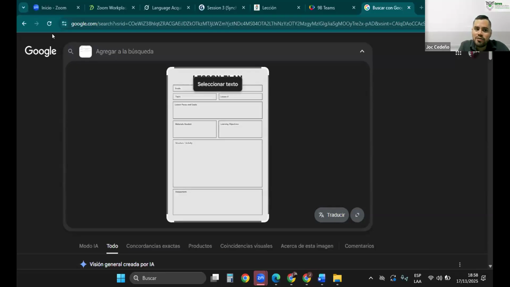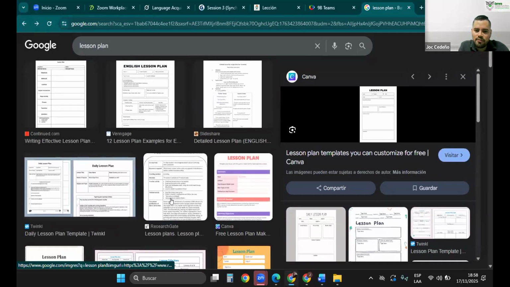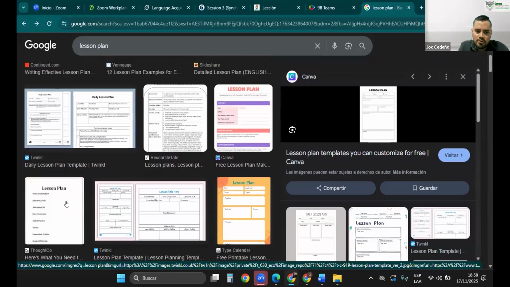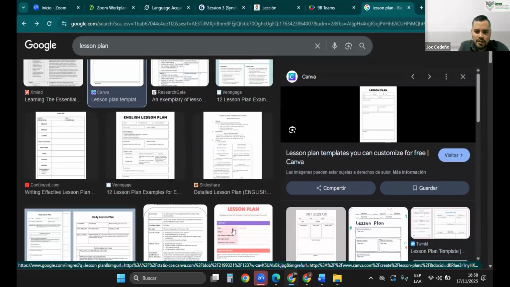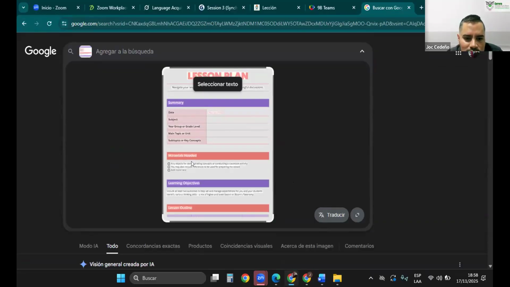No problem. Okay, there's just one thing that I'd like to show you. I don't know if you remember this, but it's important that you consider before the next time you hand in the lesson plan: all lesson plans have a format. If you don't have a format, you may want to use one from the internet. For example, this one here. It says lesson plan, and it says date, subjects, materials, learning objectives, lesson outlines. You need to decide on a format.